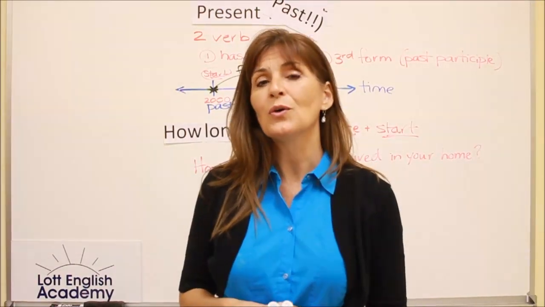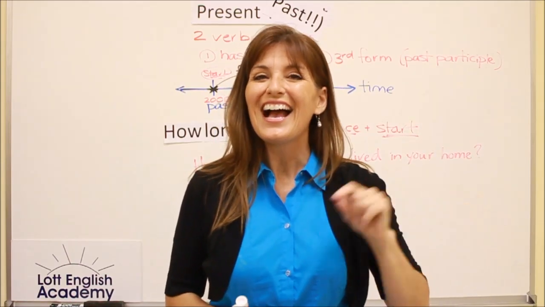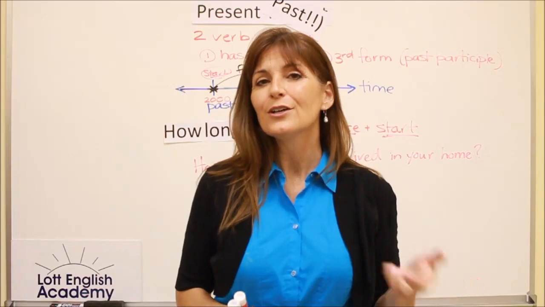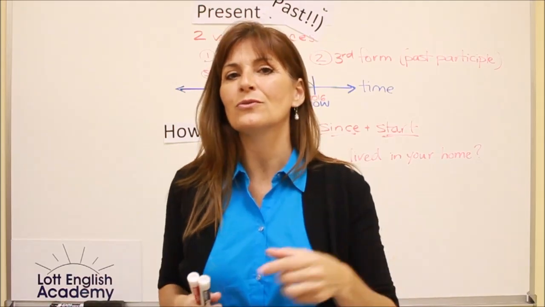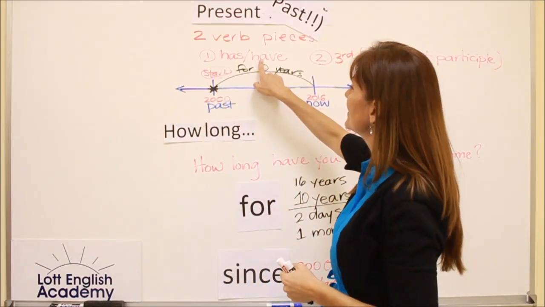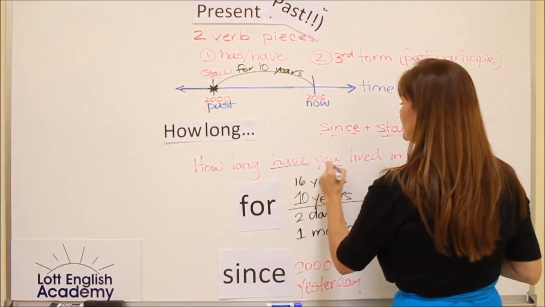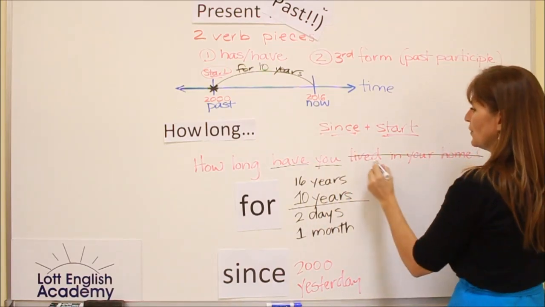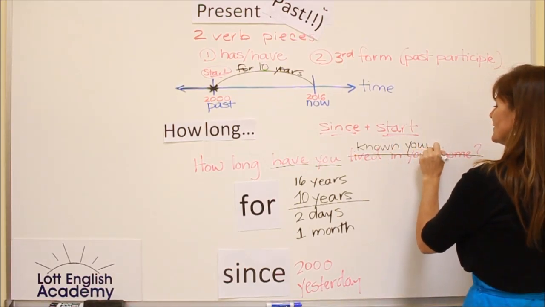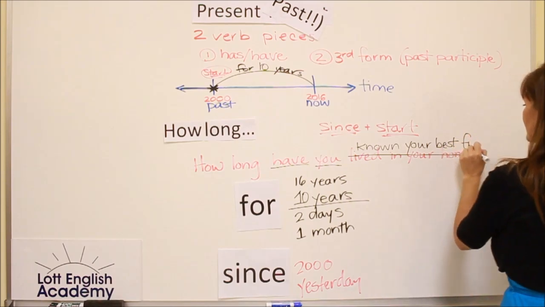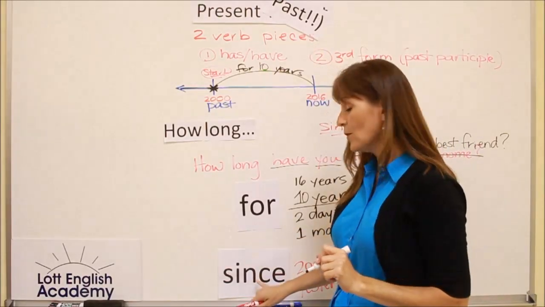What about the word know? Know, knew, known. How long have you known your best friend? Think about your closest friend. We're saying have plus the third form. Instead of lived in your home, we're saying how long have you known your best friend? Again, you can make an answer with for or since.